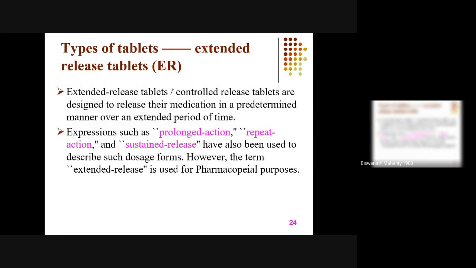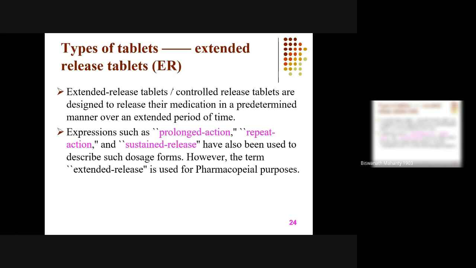Extended release means we are going to use the formulation for a long time, but it doesn't mean that over a couple of days it is not going to work in your stomach. If I'm going to have a few hours more extension, then you will go for extended release. Extended release tablets, or controlled release tablets, are designed to release their medicine in a predetermined manner over an extended period of time. But extended period does not mean 3 days or 4 days.